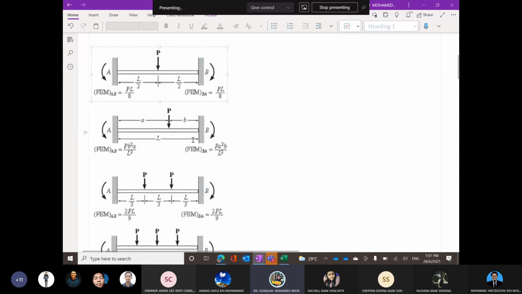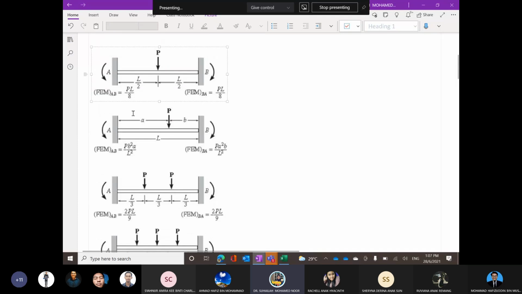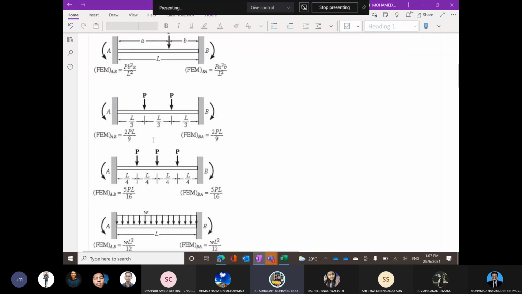Normally we will only use several of these beam types in order to calculate FEM.